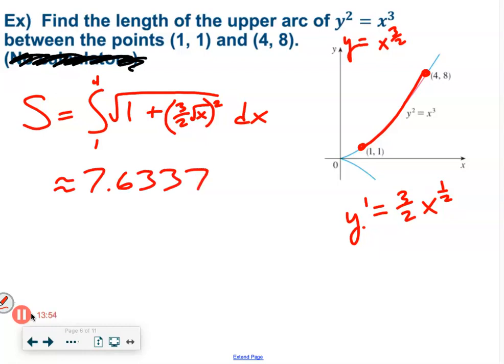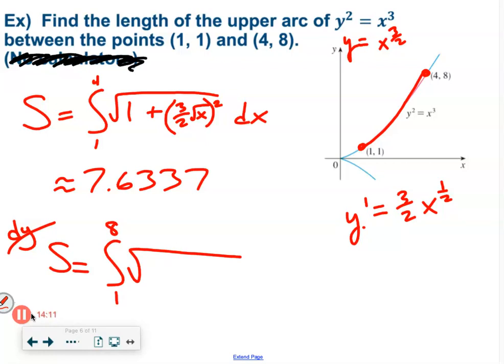Did anyone do it dy? Yes, you did? Did you get the same answer? Yeah. Yay! So if you did it dy just for fun, you'd use what limits? 1 to 8, square root. So we would solve it for x in terms of y to get x equals y to the 2/3.